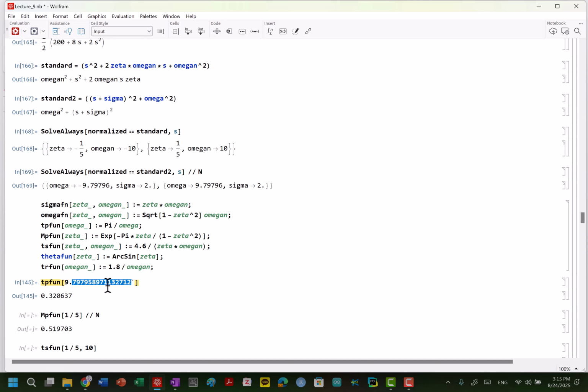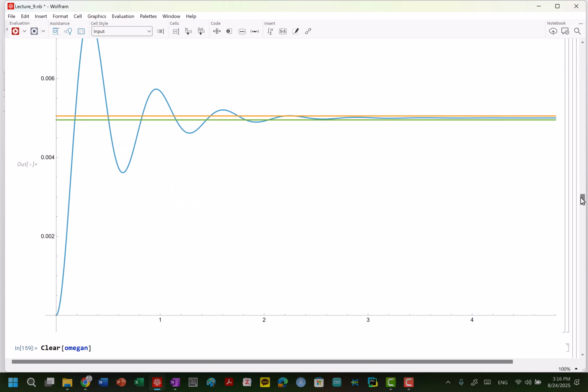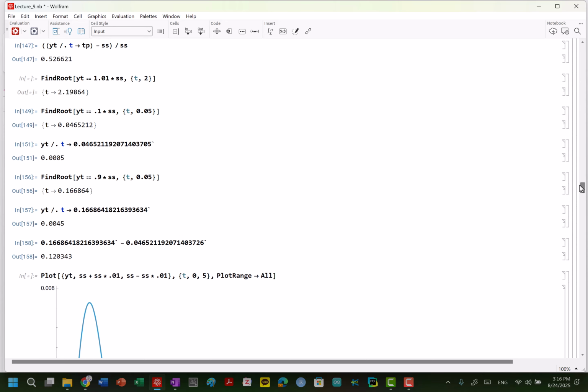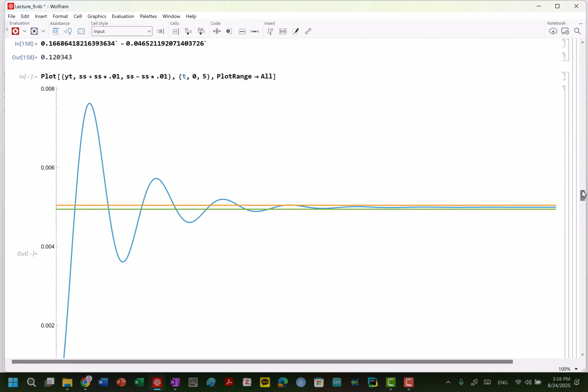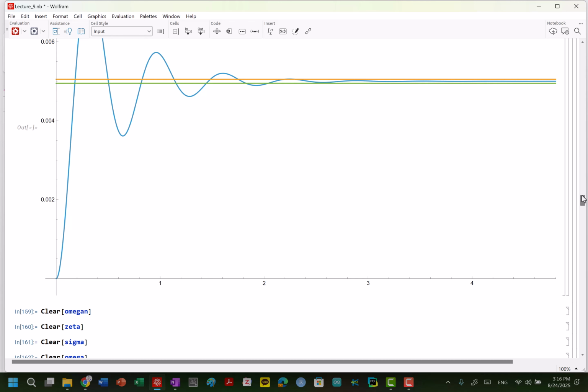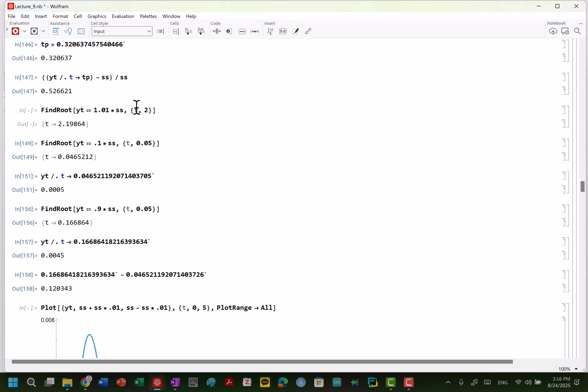So for example, if I want to verify some of my numbers from the expressions where I calculated explicitly, one of the hard things to do with this one is the find root. I think I may want to start searching at like 2. So that works.